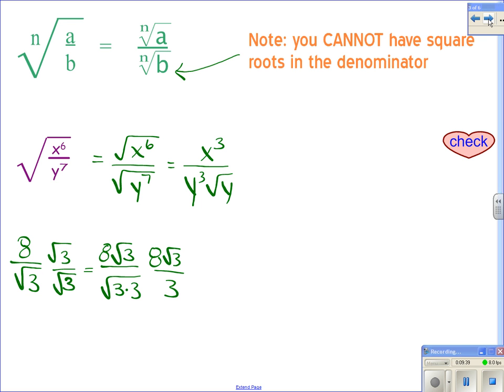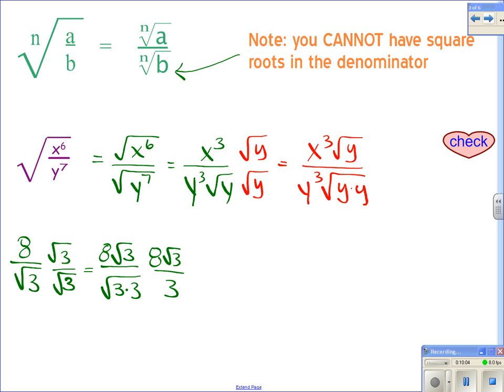So now we don't have a square root in the denominator anymore. So we're going to use that same idea on this problem. What are we going to multiply the top and the bottom by? Yeah, we're just going to multiply by root y. Because now, underneath the root here, so nothing's going to change up here. Underneath the root, we now have a pair of y's, which is what we're looking for in a square root.